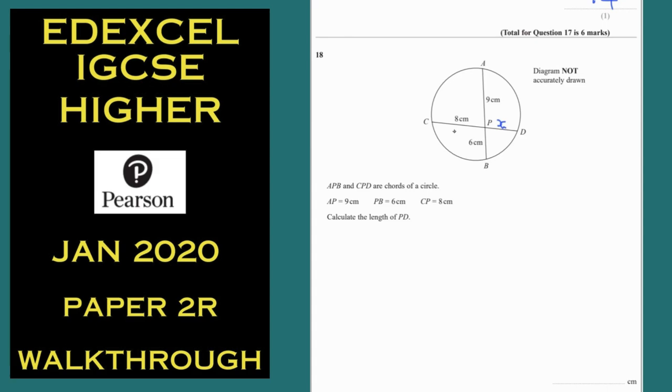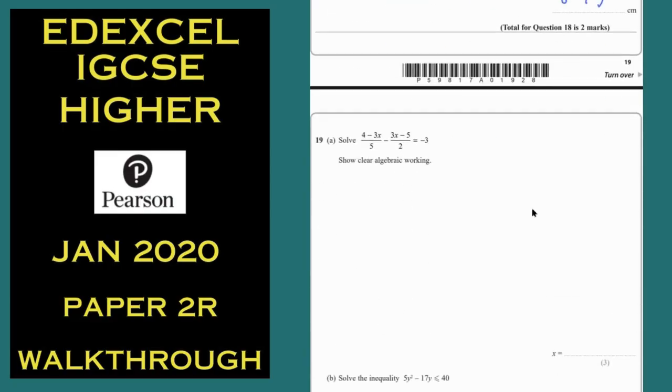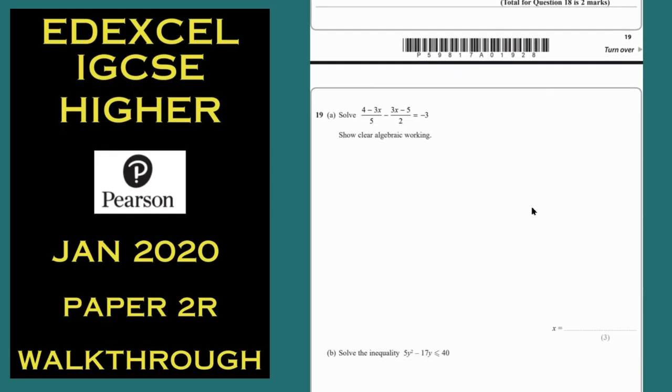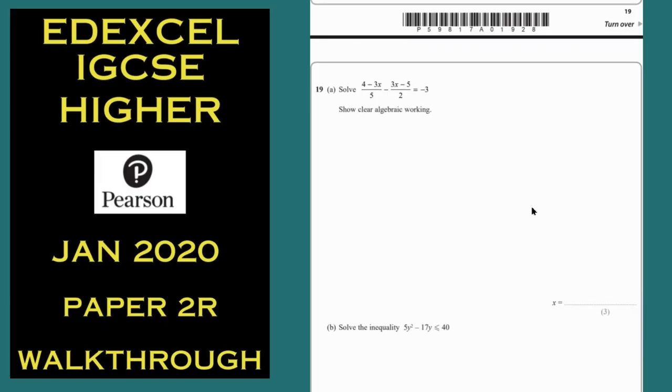So you can say that 9 times 6, the product of that chord there, the product of the length of the two parts of that chord, equal the product of those two parts, 8 times x. So you do 54 divided by 8, 6.75. I mean, seriously?